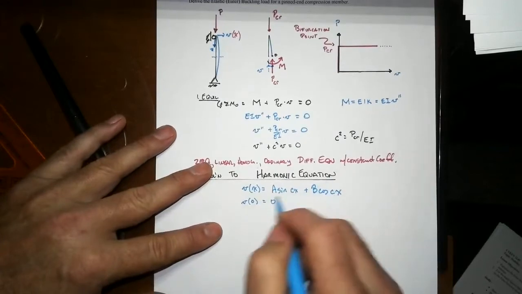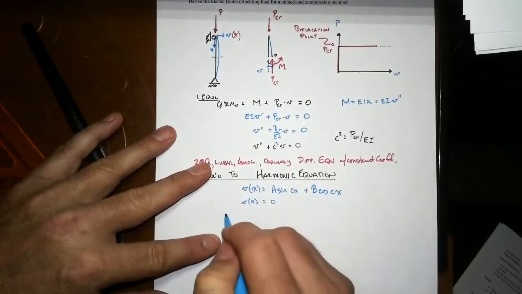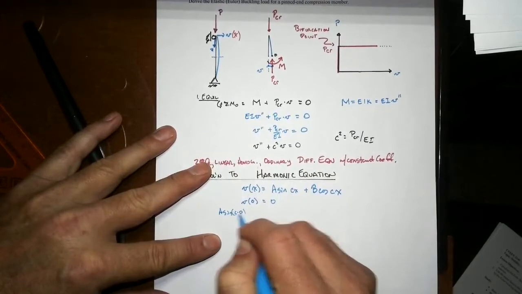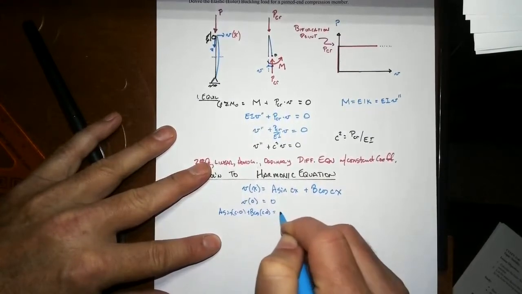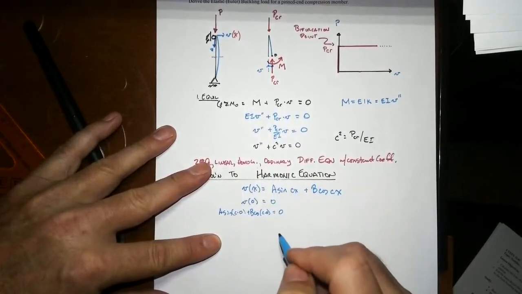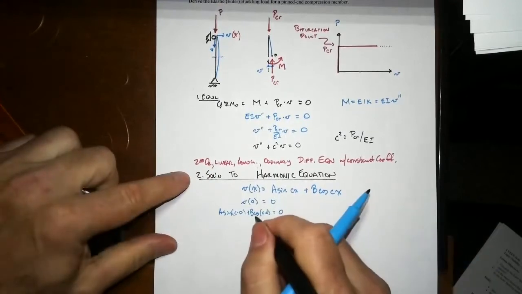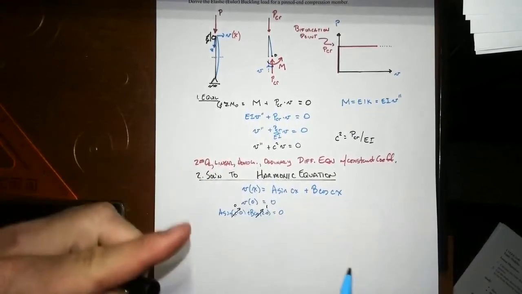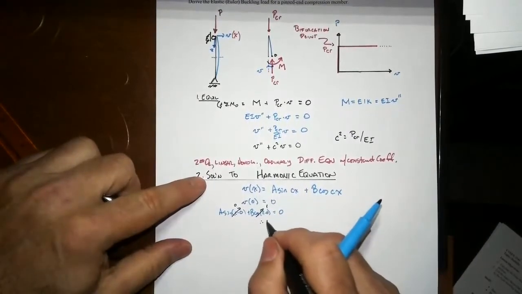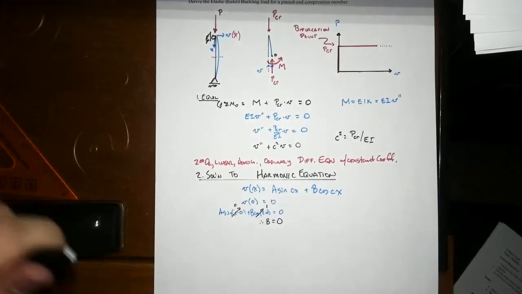And so now when we substitute in for x is 0, we'll have a times sine of c times 0 plus b times cosine of c times 0 is going to have to be equal to 0. Well, cosine of 0 is 1, and sine of 0 is 0. So that just tells us that our second constant, b, is itself 0.